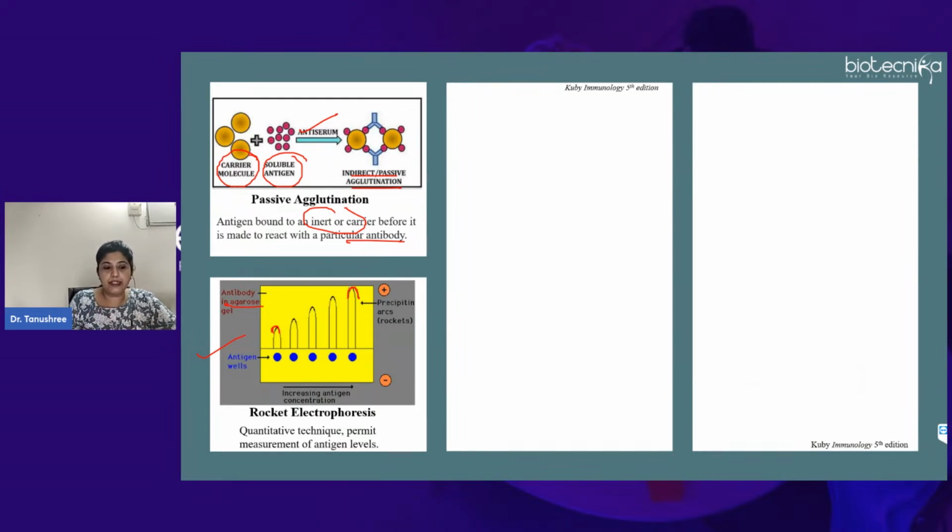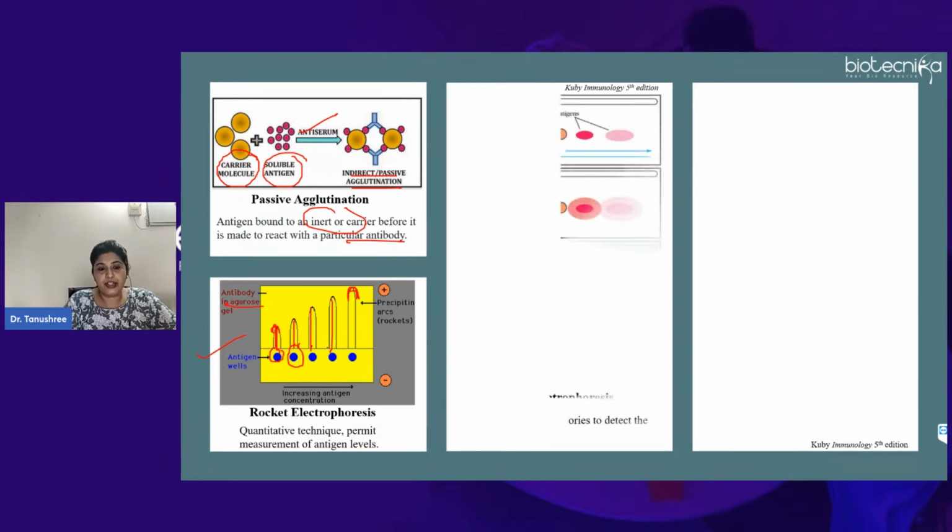Here you can see these are the precipitation arcs and the shape is that of a rocket. It's a quantitative technique because the height of this rocket shape is proportional to the concentration of the antigen in the well. So you can find out the concentration by seeing the height of this rocket. So rocket electrophoresis is a precipitation reaction.